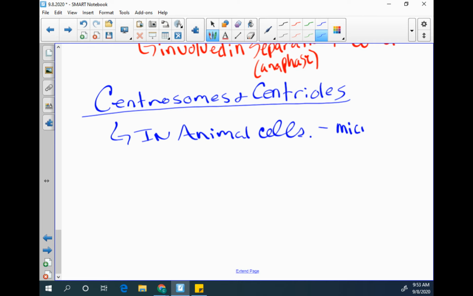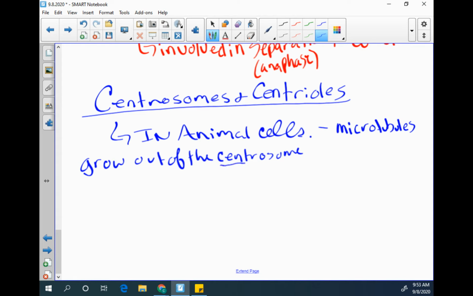Microtubules grow out of the centrosome, which is just a region often located near the nucleus.